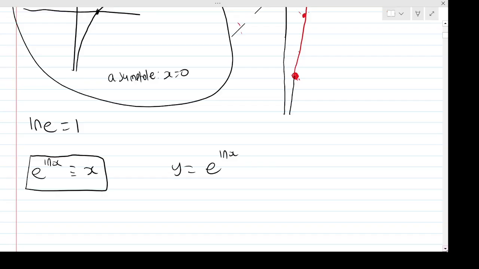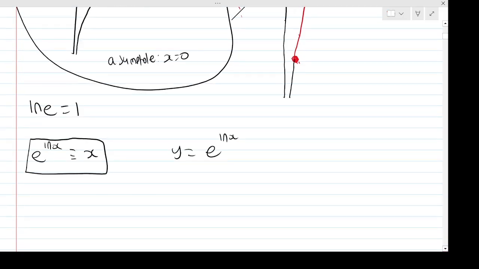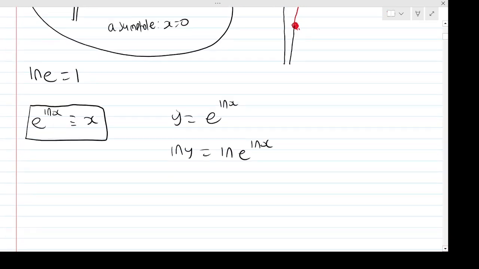If we take logs of both sides, ln y is now ln e to the ln x. Then I can use my log law, where the power ln x can move to the front, so ln y is ln x times ln e.